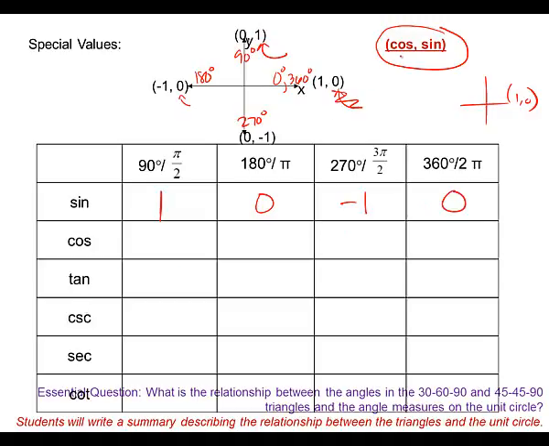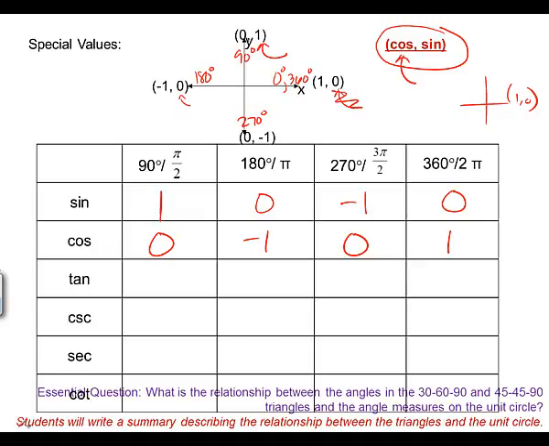The cosine, it tells us, is the x value. So the x value at 90 is what? 0. Good. What about at 180? -1. What about at 270? 0. And at 360? 1. Perfect. And we read that right off of the chart, or right off of the unit circle.